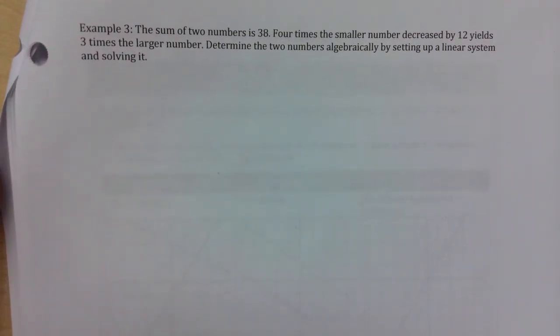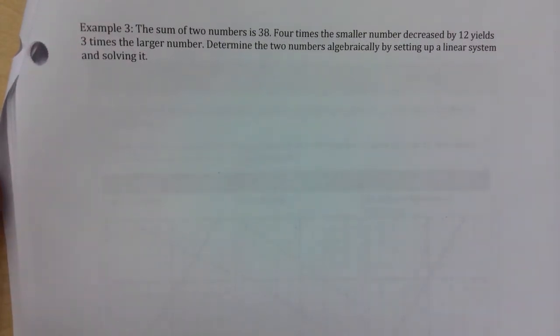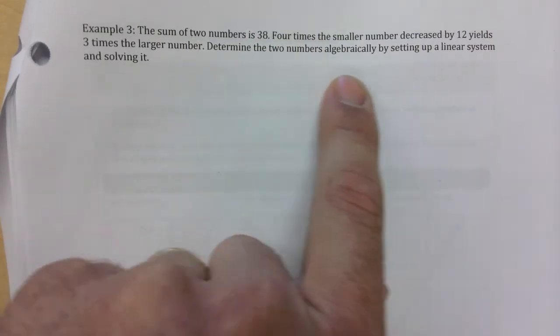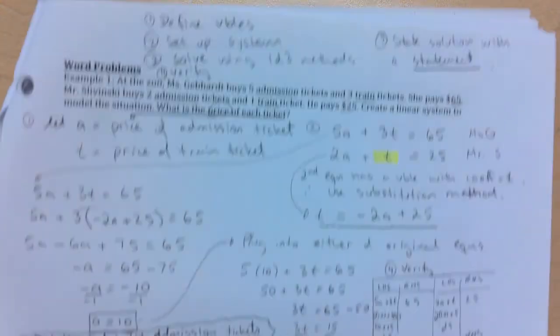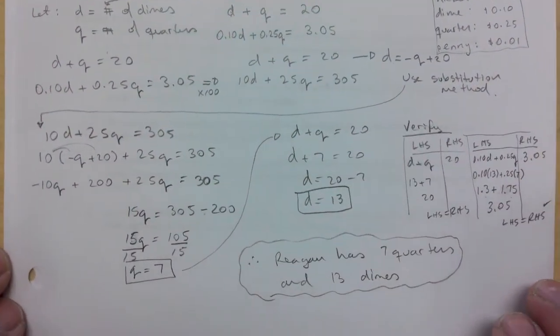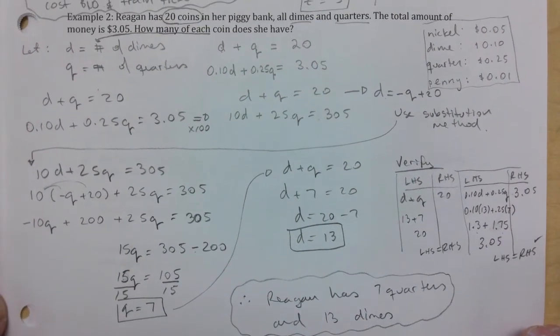So try example 3. I'm going to flip it back to the previous example so you can copy if you're still copying, but this is the one I want you to try. Read it and try to come up with a system because you're guaranteed to have a word problem on the test and quiz. Okay?